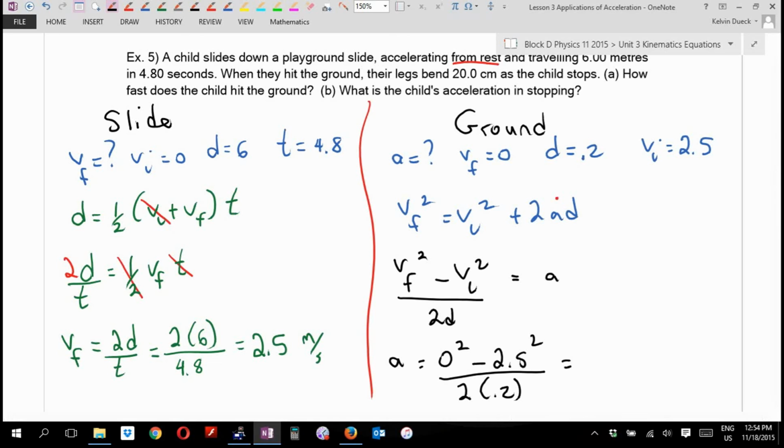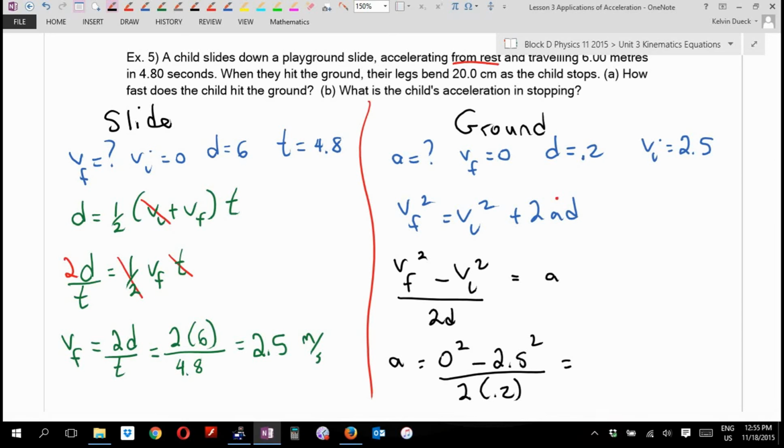Can I do this in my head? It's going to be negative 6.25 divided by 2, which is going to be negative 3.125 divided by 0.2. Ugh, yuck. That's going to be the same as 31.2. Yeah, I can get this. Oh gosh.